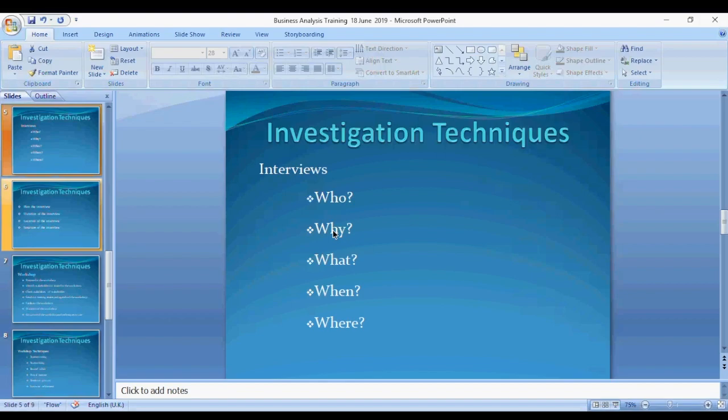Is it something related to their team, their manager, or their department? There's always a reason, because when you are contacting a stakeholder, they want to know the reason why you are contacting them. What for? What's the purpose? So you need to be able to let them know the purpose why you are contacting them.